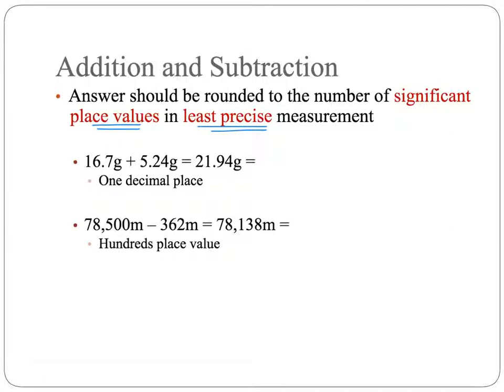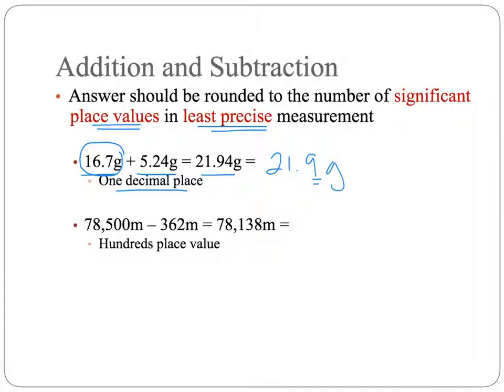So if you add 16.7 grams and 5.24 grams, you get 21.94 grams, but there's only one decimal place in the least precise measurement, this first measurement here. So your answer would be 21.9 grams. You only have one decimal place in your final answer.